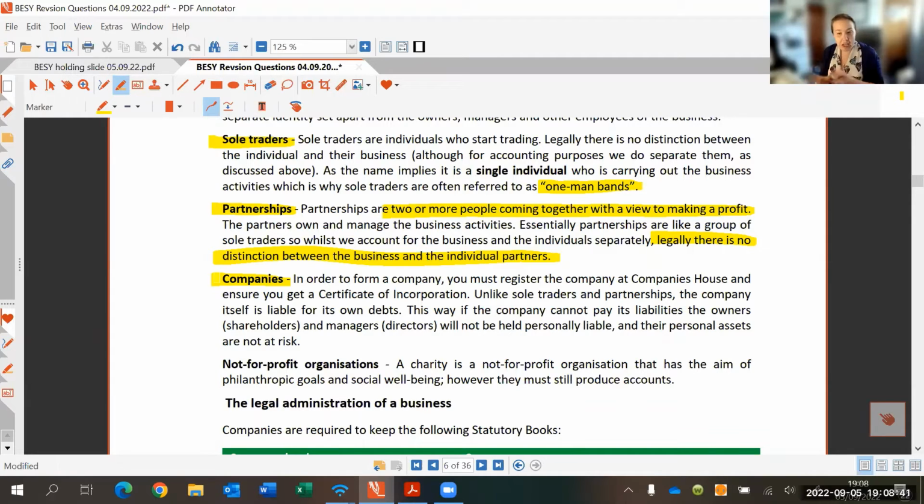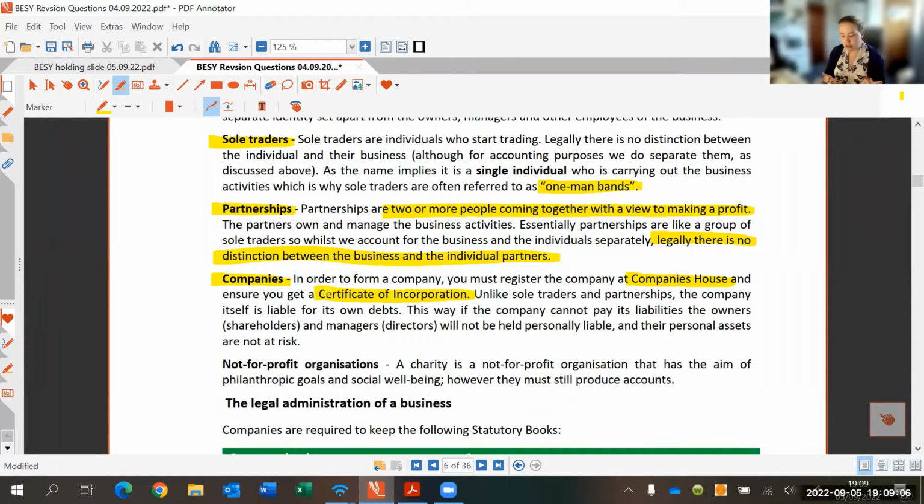There's a lot more regulation with your public and private limited companies. You have to be registered with Companies House, and then you'll get a certificate to show that you are an incorporated company, so you're your own standalone business. If you are the owner of the business, then your status is completely separate from that business.